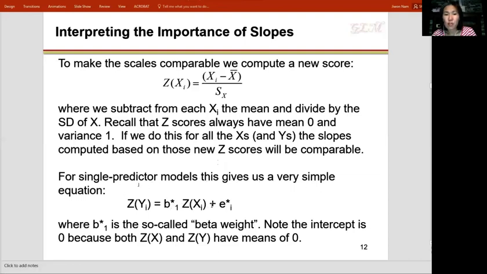Since this is a z-score equation, we do not have a y-intercept. B1 star is the so-called beta weight. Note the intercept is 0 because both zx and zy have means of 0.